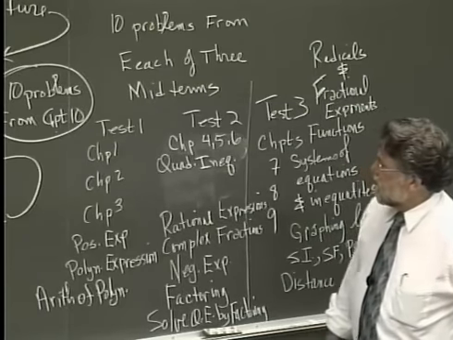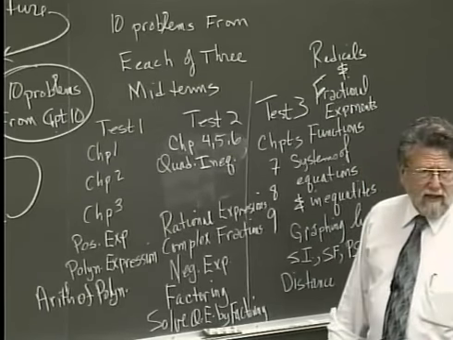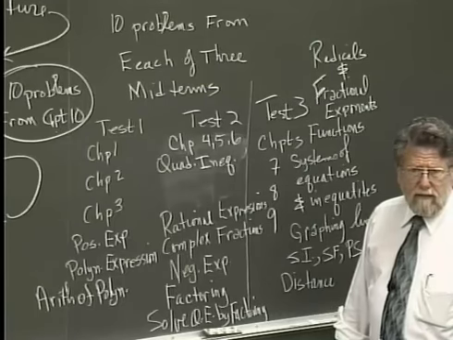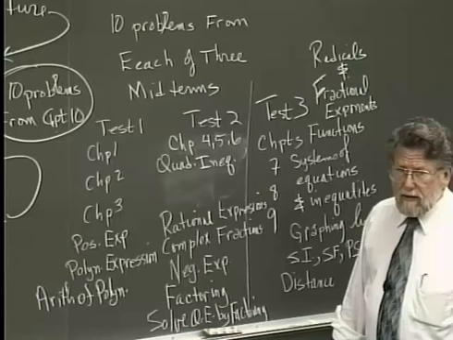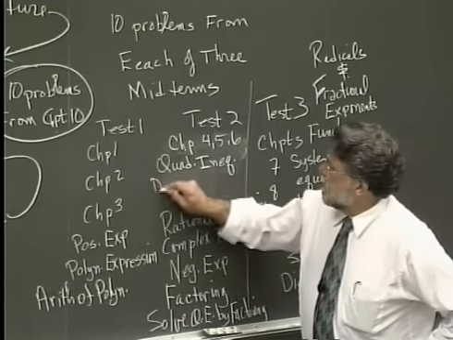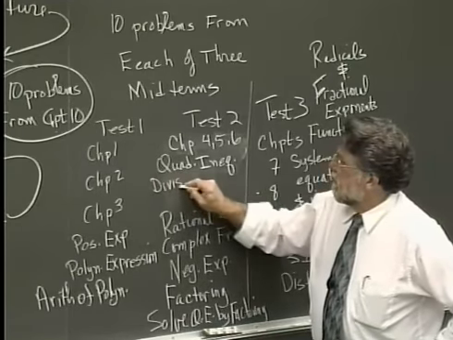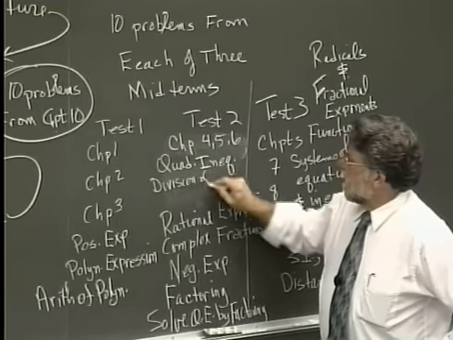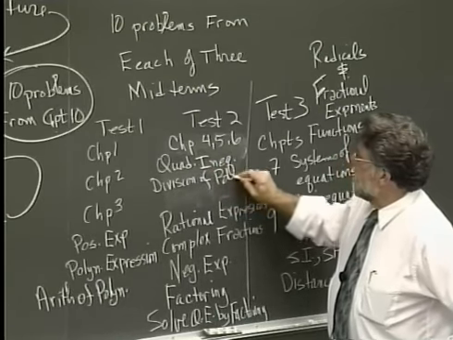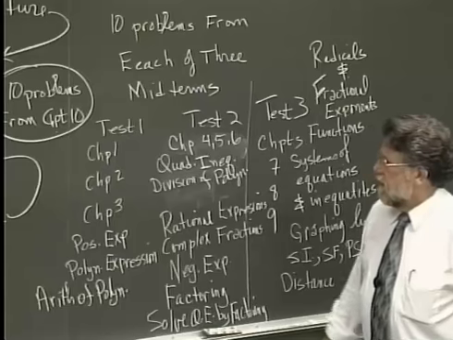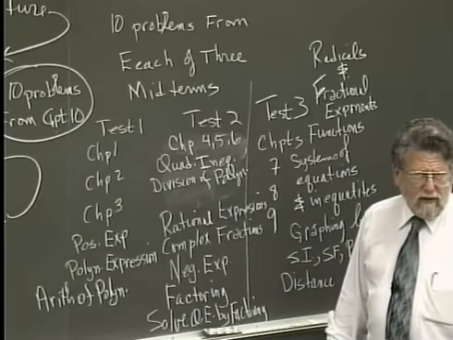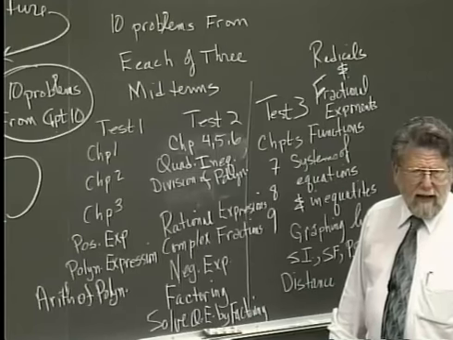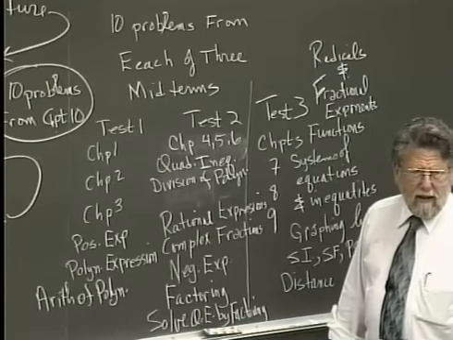What else do we have in test 2, chapters 4, 5, and 6 in my list here? Division of polynomials. That occurred in 4, 5, and 6? Long division. Okay, so division of polynomials. Now, is this where we introduced multiplication with binomials, taking the products and such? Multiplication of polynomials, yeah.